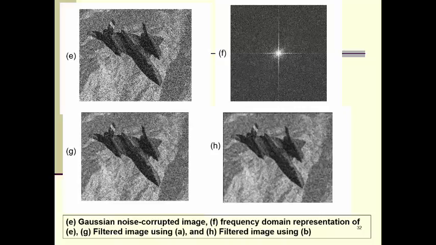Image G is the filtered image using the filter with the sharp cutoff. And image H is the filtered image using the filter with the Gaussian distribution.